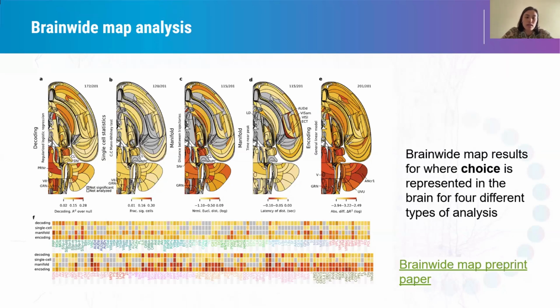So this is when the mouse decides the direction to turn the wheel, so the visual stimulus, either to the left or to the right. And in this case, the time window that we were interested in was the time prior to the first movement onset. So this is the time window prior to the point at which the mouse decides to make a choice and move the wheel in one direction or the other.